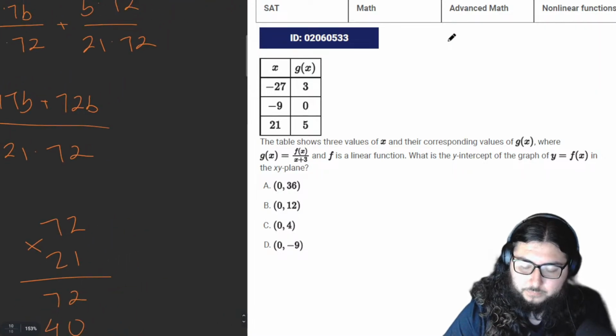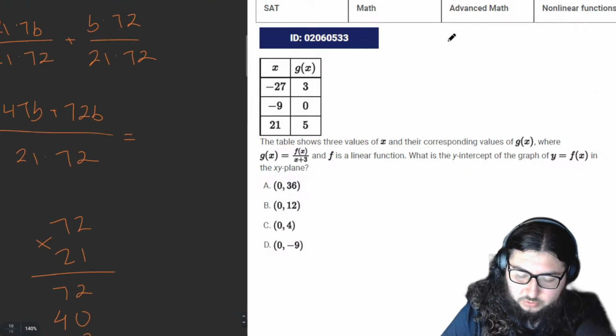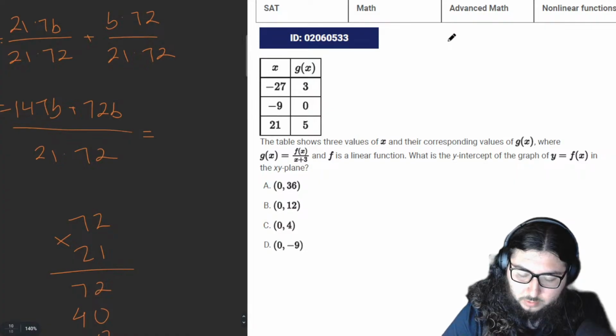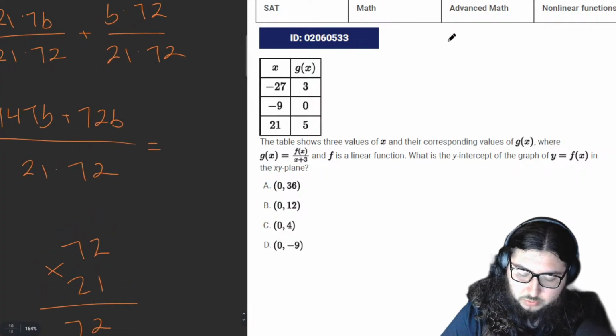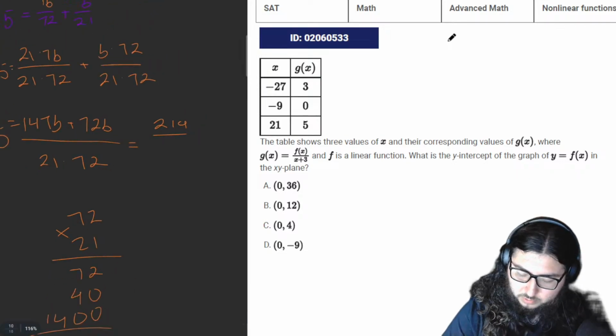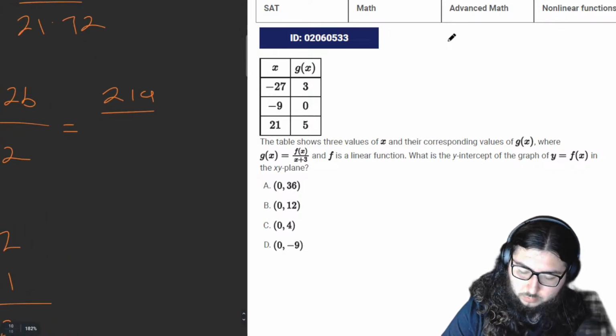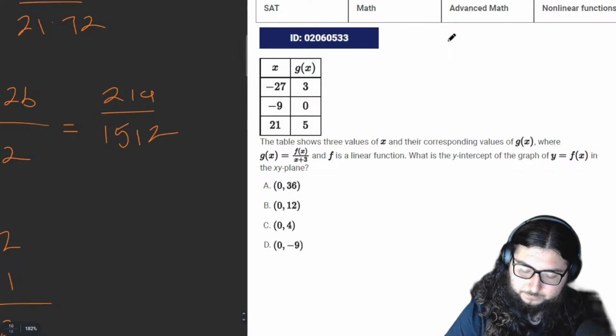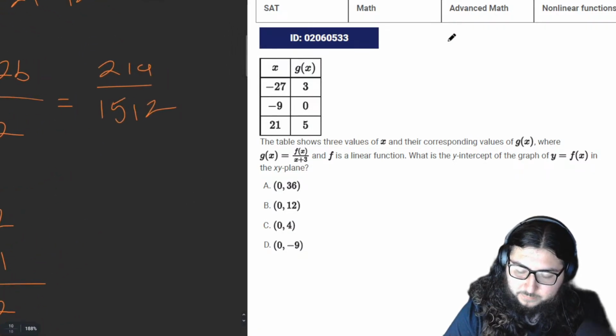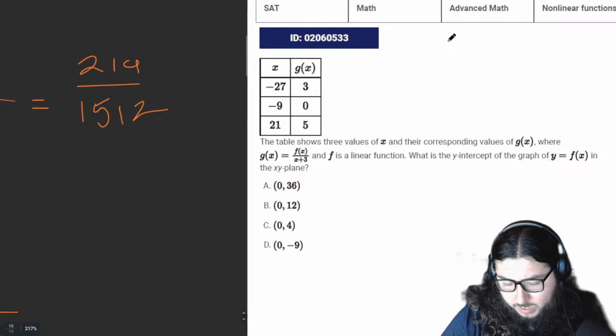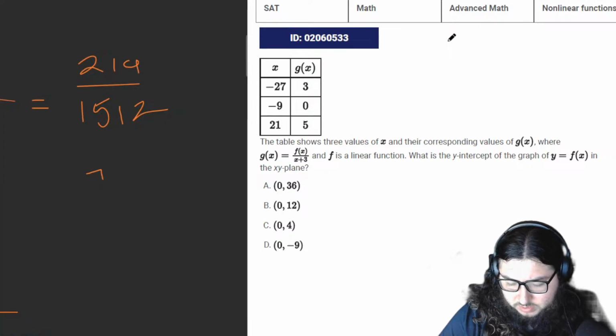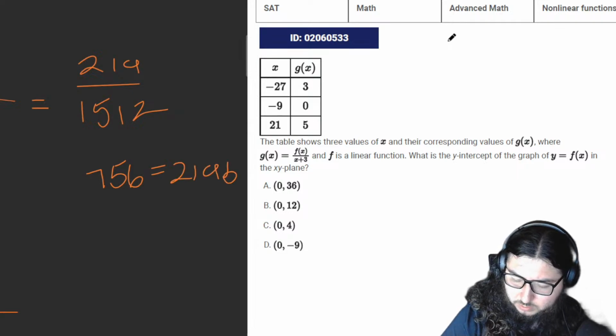5. So this is equal to, what is it equal to? 219 over 1,512. So multiplying by 5 on both sides, we get 756 is equal to 219b.